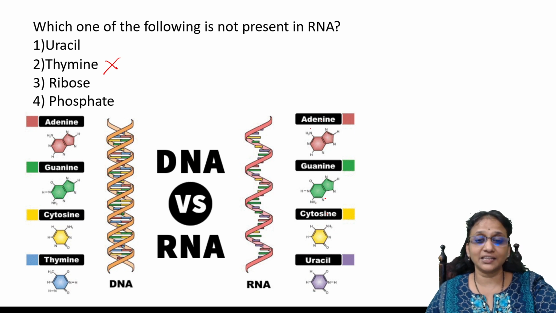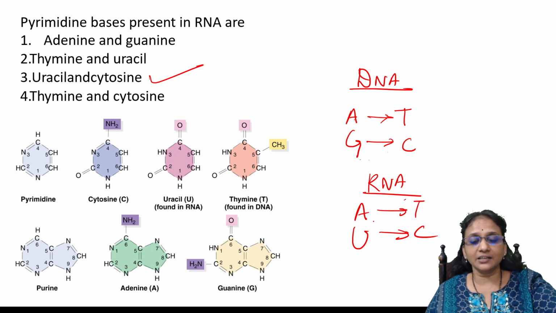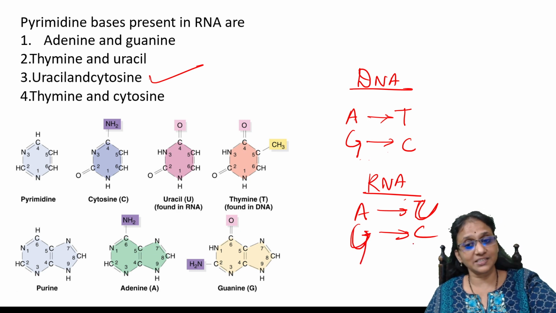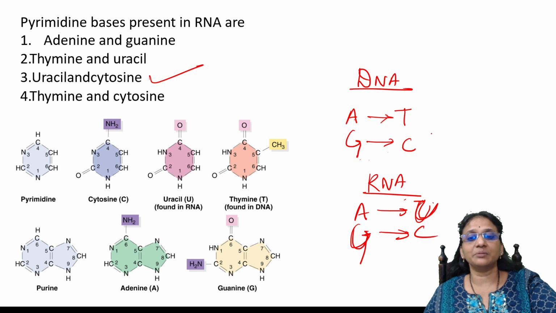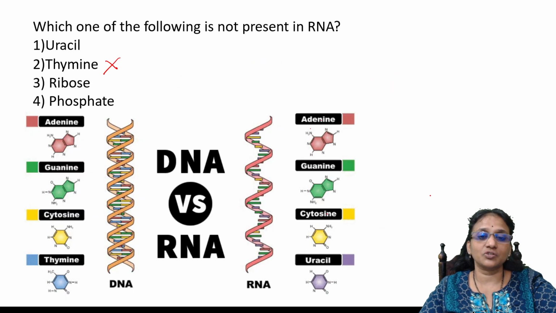What is missing? Thymine is missing. Thymine is not there. So what mistake did we make here? Instead of thymine it is uracil. Guanine is pairing with C. Thymine is missing here. That's a mistake which we have answered. So please check that. Sorry for that.